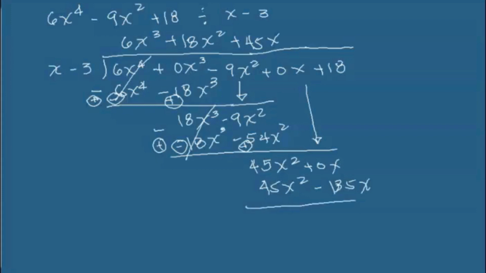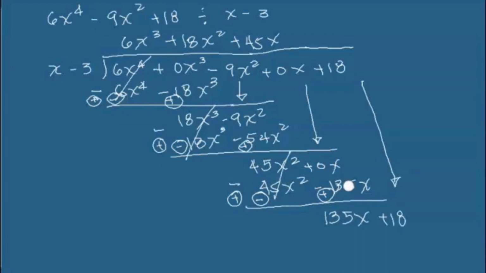Okay, and then subtract by adding the opposites again. 45x squared plus negative 45x squared cancel out. 0x squared plus positive 135x is 135x. Bring down, this is the last, 18, and then divide.